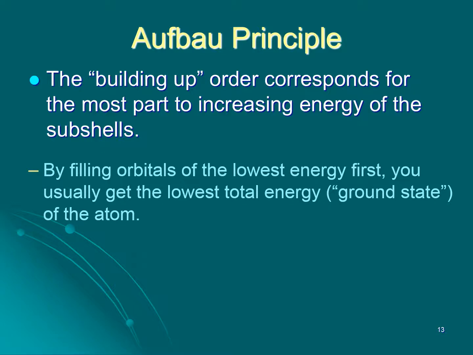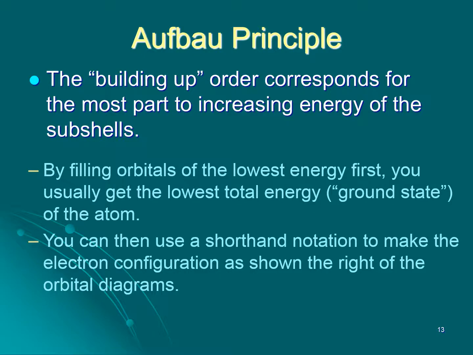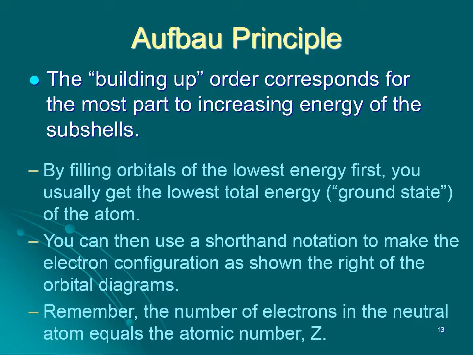If we fill the orbitals of the lowest energy first, then we get the lowest total energy, or what we call the ground state electron configuration. Then we're going to use a shorthand notation to write the electron configuration, and we'll see how to do that in a minute. Just keep in mind that the number of electrons in the neutral atom will always equal the number of protons, because it's neutral, and so it's the same as the atomic number.